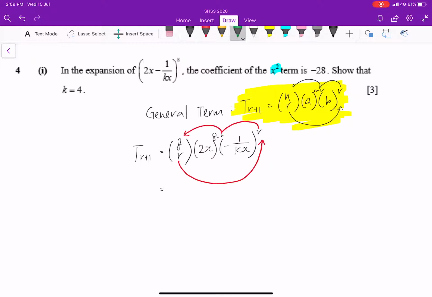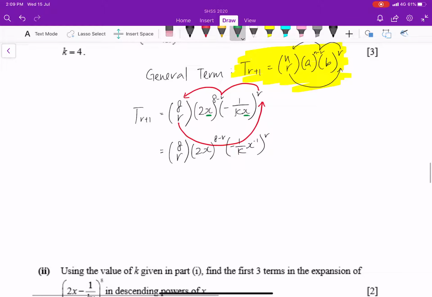Now, we realize this x is already not in the denominator, but this x is in the denominator. Unacceptable. So, I'm going to bring the x up. 2x to the power of 8 minus r, times minus 1 over k times x to the power of minus 1, to the power of r. I'm only bringing this x up.